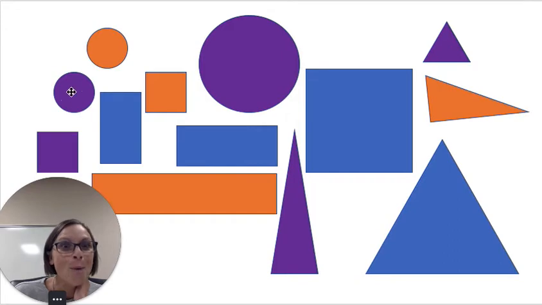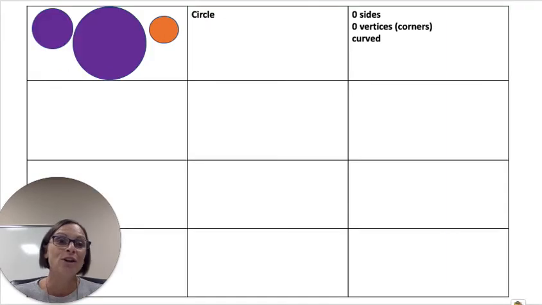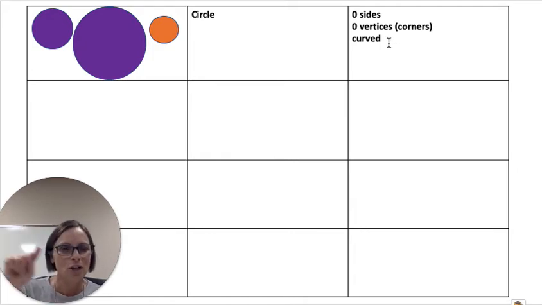Oh, 1, 2, 3. Yes, so no matter the size or the color, these are all still circles. And they have 0 sides, 0 corners, yet it's curved all around that shape.